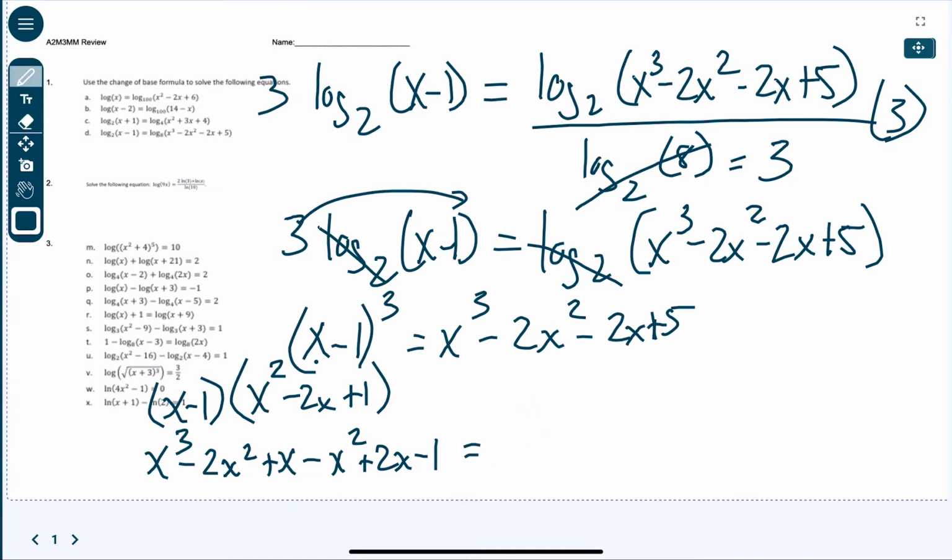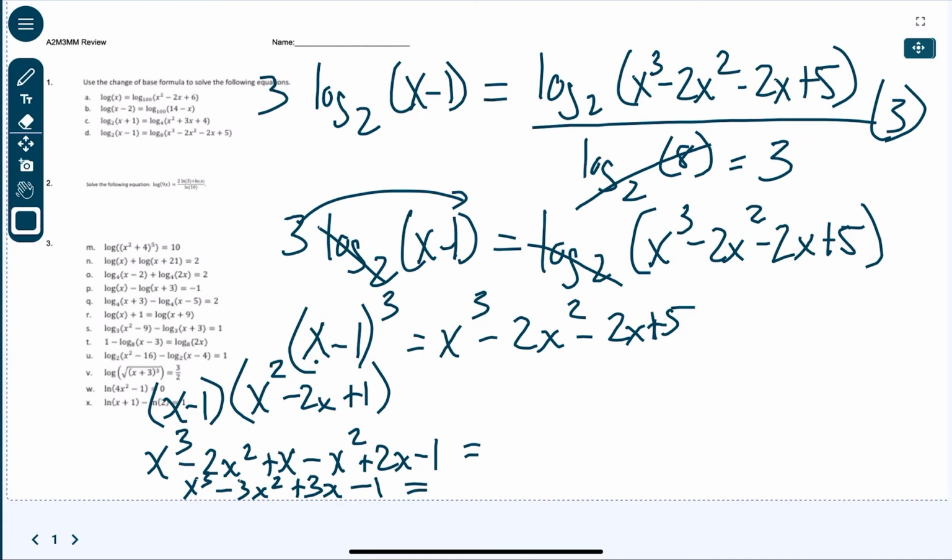Let's go ahead and combine these before we write that one out on the right side. Okay, so we have x cubed minus 3x squared plus 3x minus 1.